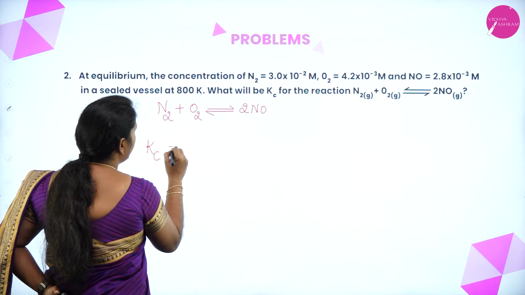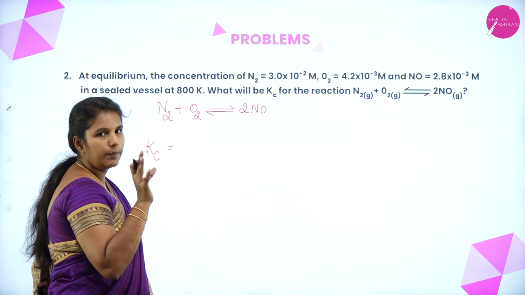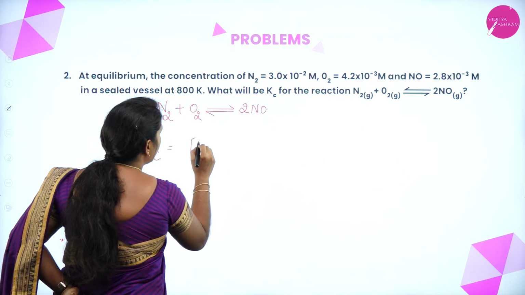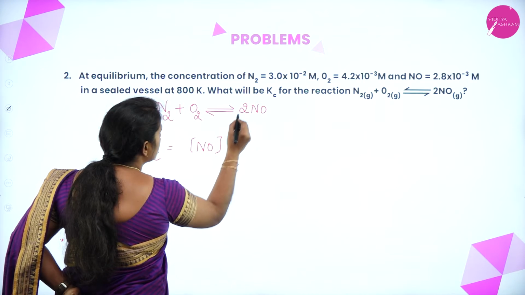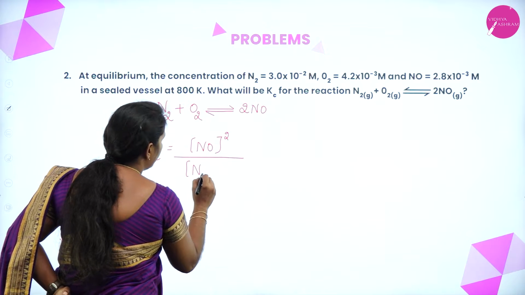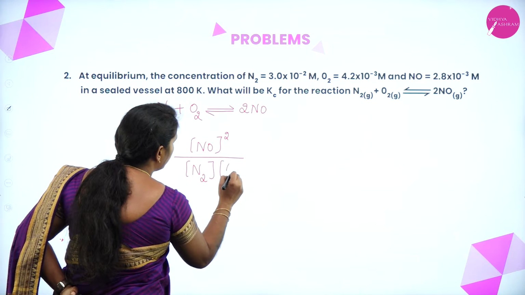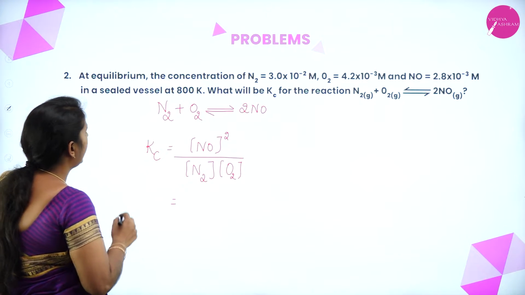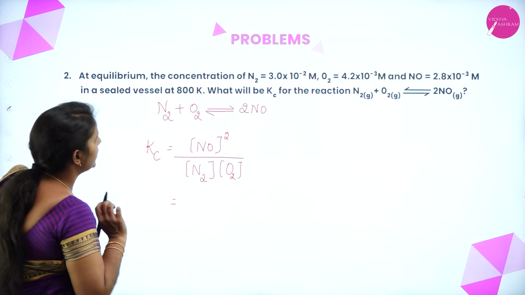So, Kc is nothing but the molar concentration of the product divided by the molar concentration of the reactant. So, it is the molar concentration of the product, nitric oxide, raised to the power of 2, divided by the molar concentration of nitrogen into the molar concentration of oxygen. Now, they have given the molar concentration for each compound.